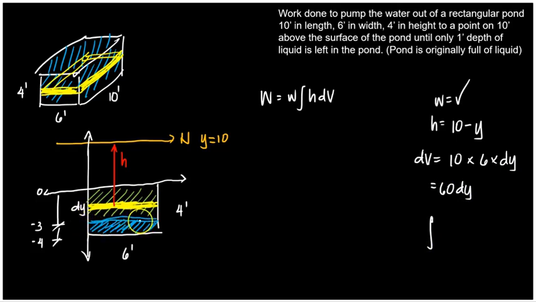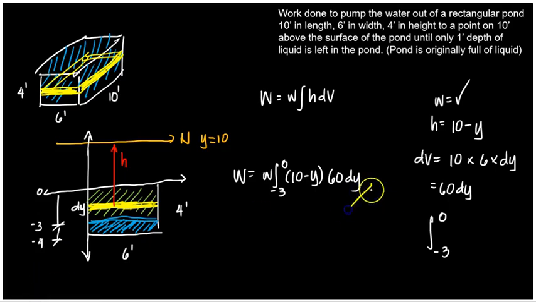There should be 1 foot of liquid left. So that means from -3 up to 0, all of the green shaded portion will be pumped out. And then what will be left is the blue. So the equation would be from -3 to 0, 10 minus y, 60 dy. So this is the working equation.